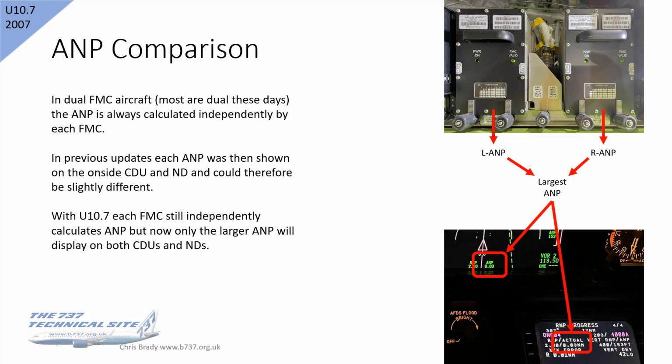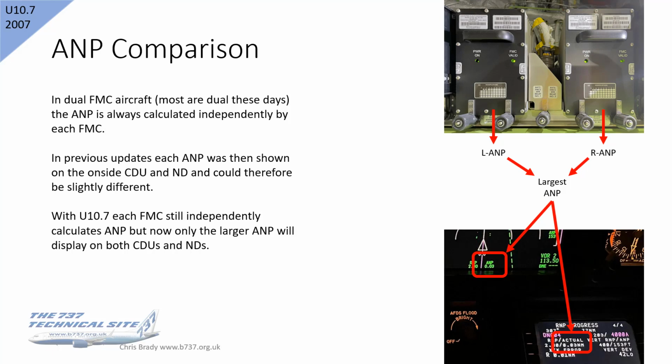So you in the left-hand seat could have one RNP, and the person in the right-hand seat could have a different RNP, which would give an unnecessary level of doubt in your minds as to what the actual RNP was. Which, of course, if you're on approach, is a significant issue.